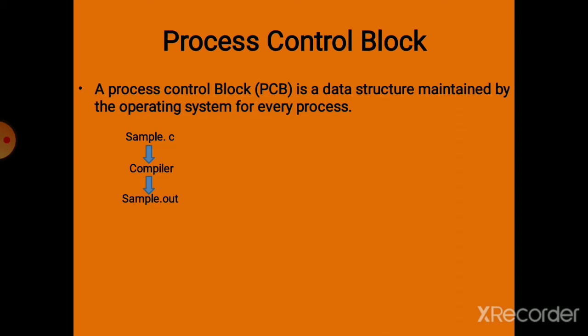This program generally resides in the secondary memory. It is not yet executed. Now the operating system will take that program, put it in the main memory and start executing it. Once it is put in the main memory, it creates a data structure, and that is called a process. So after executing a program, we create a process.